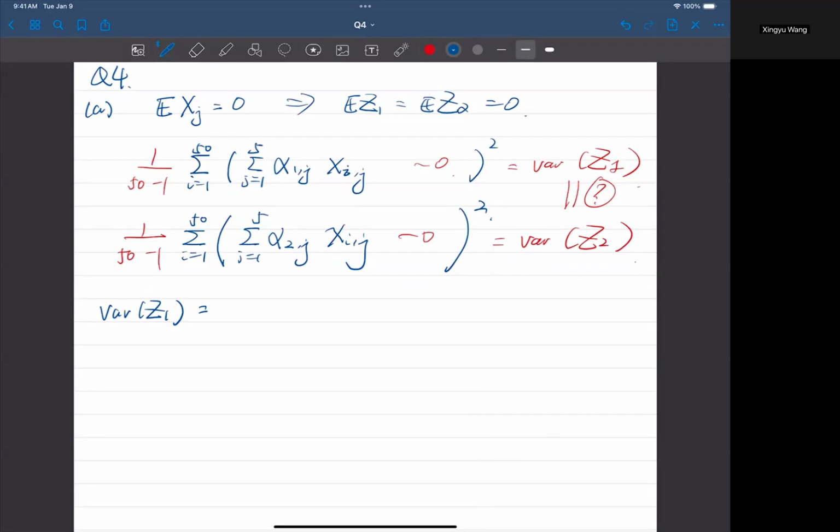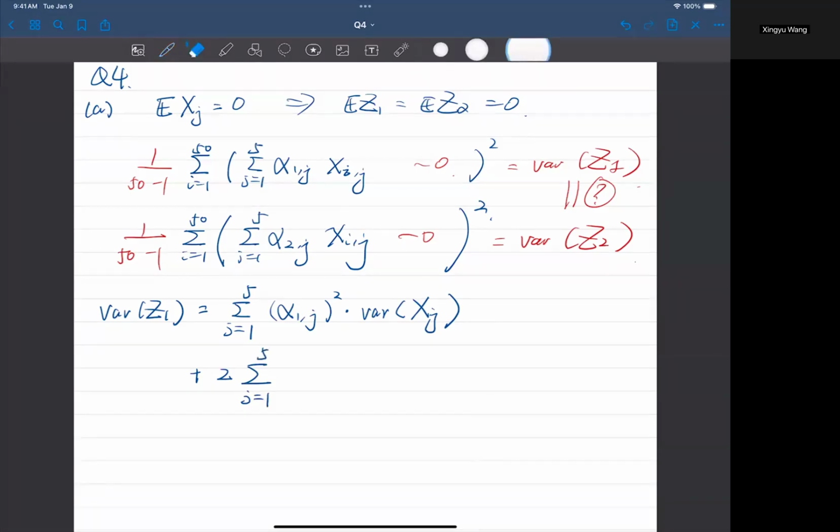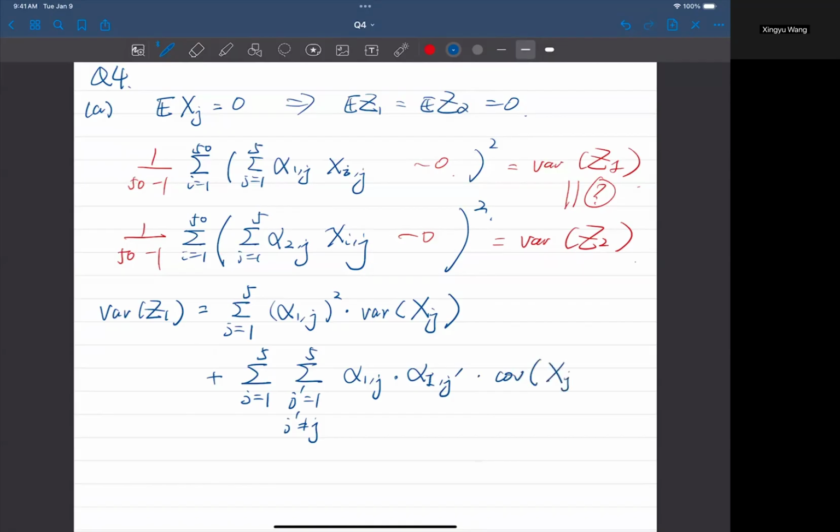So the expression for the variance of z1 is the sum over j from 1 up until 5 of alpha 1j squared times the variance of xj, plus 2 times the sum over j from 1 to 5 and j prime from 1 to 5, where j prime doesn't equal j, of alpha 1j times alpha 1j prime times the covariance of xj and xj prime.